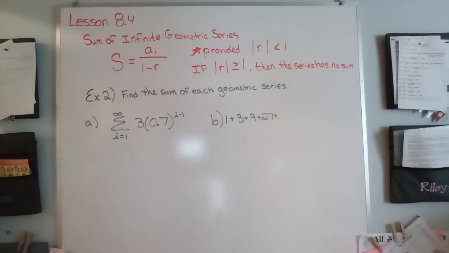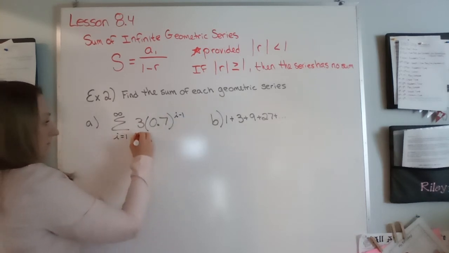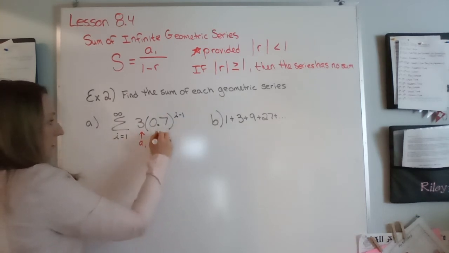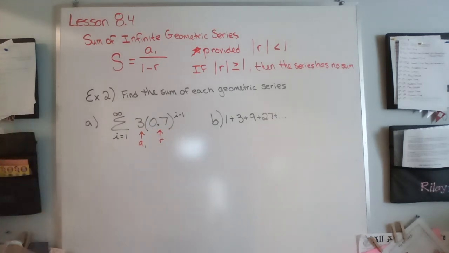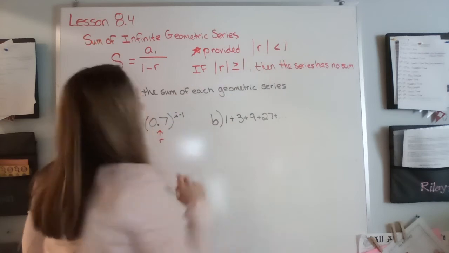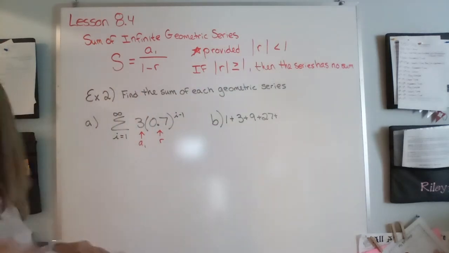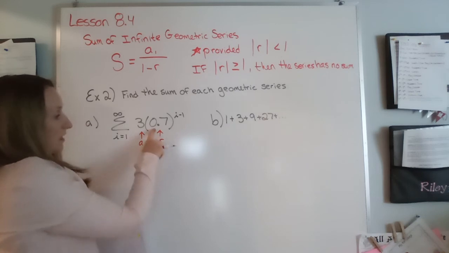Okay. So for the first example, now you need to recognize the rule. It is geometric, right? Here is my first term, a sub 1. Here is my r value. So first thing you need to do before you jump into finding the sum is make sure you can find the sum. Remember that the absolute value of r has to be less than 1. So don't worry about negatives or positives. Is the absolute value of r less than 1?